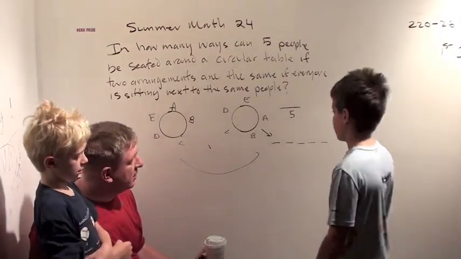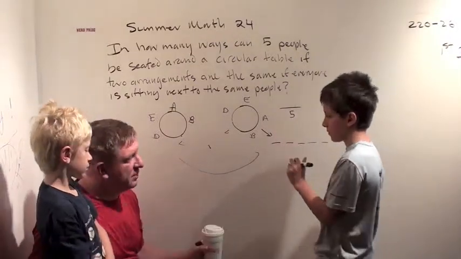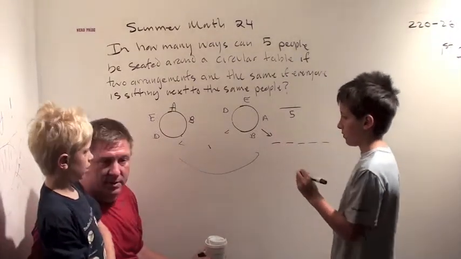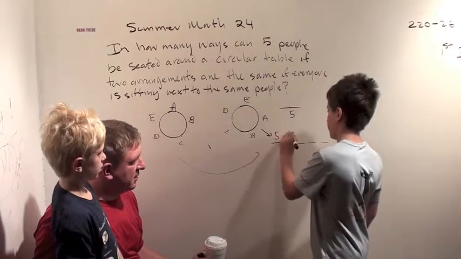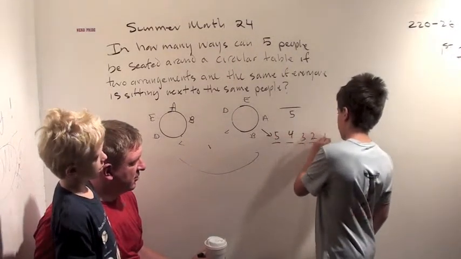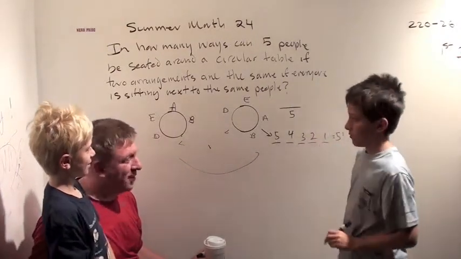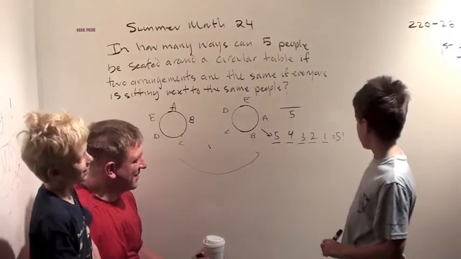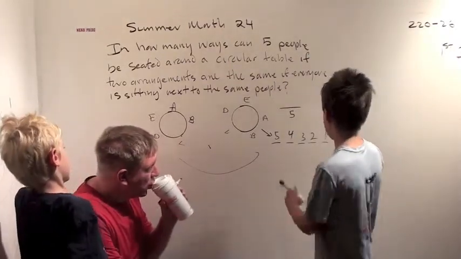So how many ways can 5 people be arranged in a line? It's 5 factorial, which we sometimes call 120. Now we have to divide that by 5.